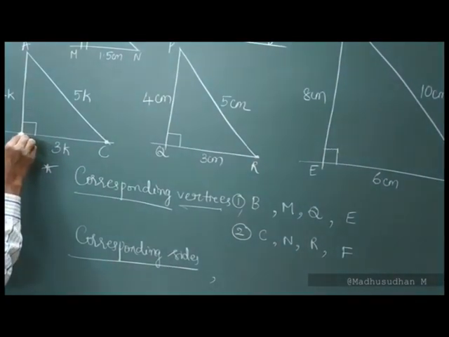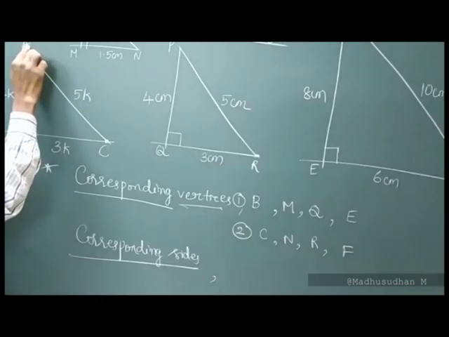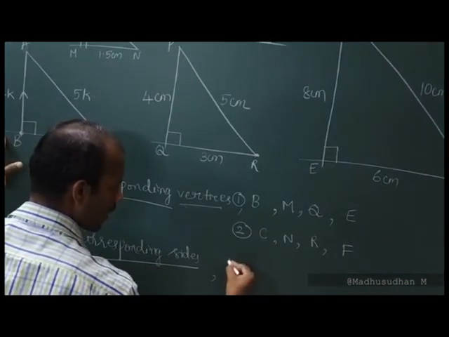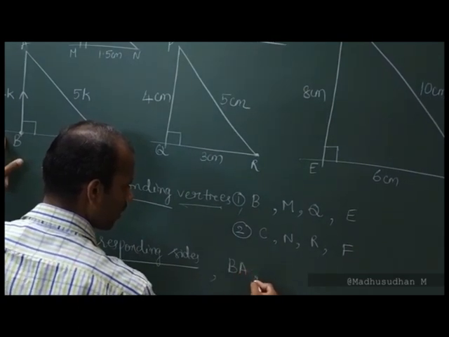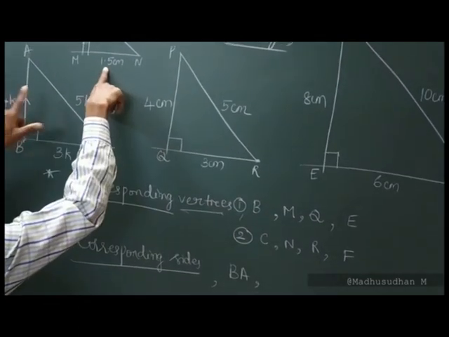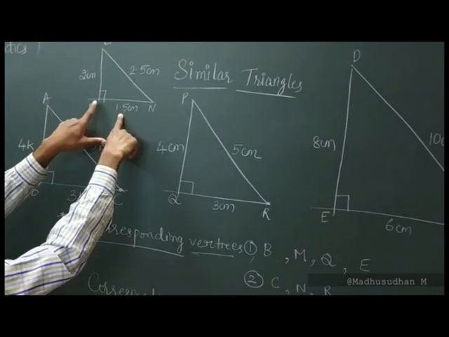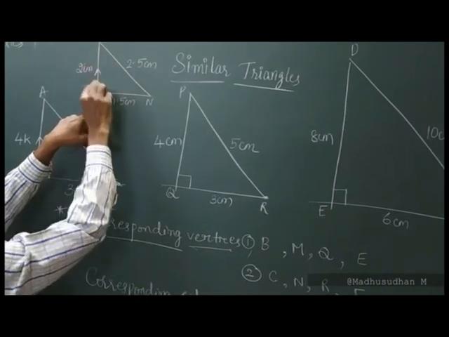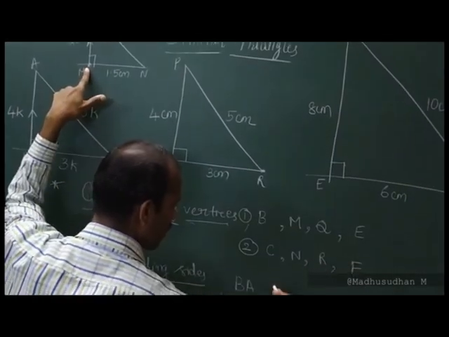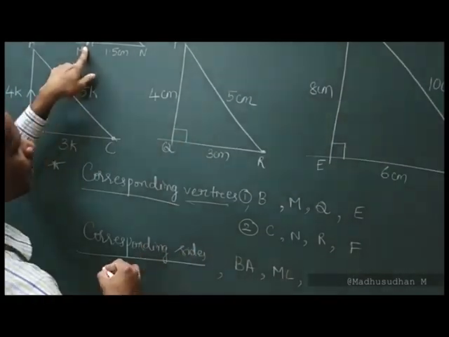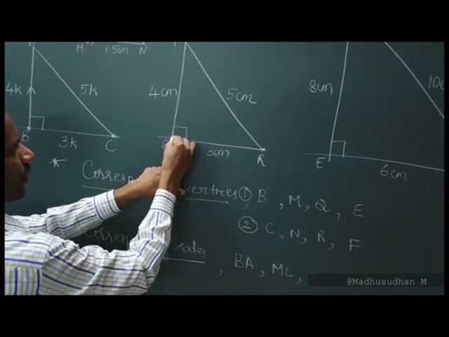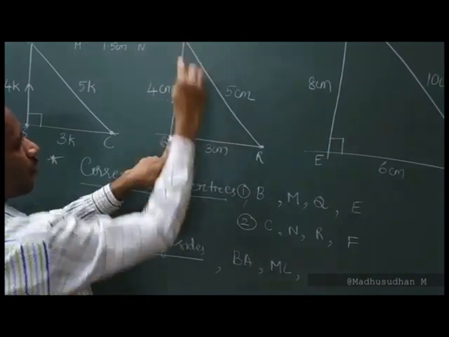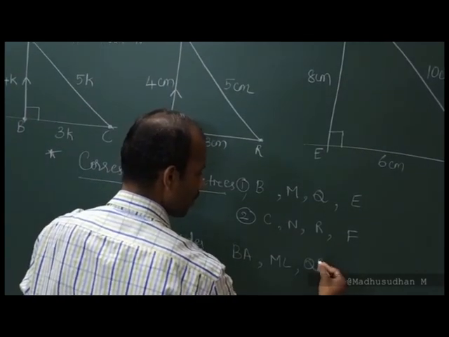If I start with this vertex B to A, moving from B to A, let me write B to A. In this diagram, correspondingly M is a vertex now. So from M to L, let me write M, L here. In this diagram, from Q I am moving towards P, right? So from Q to P.